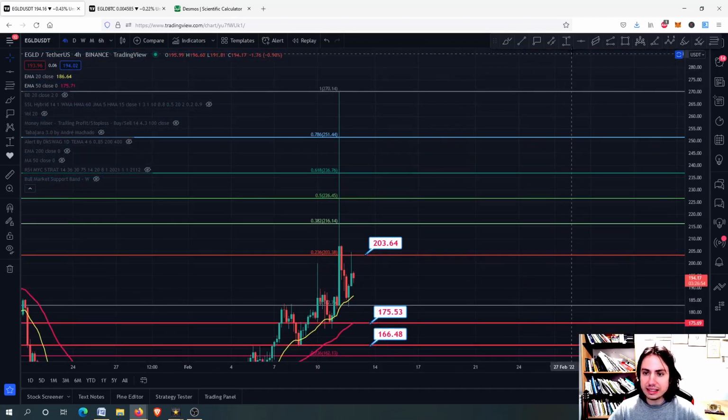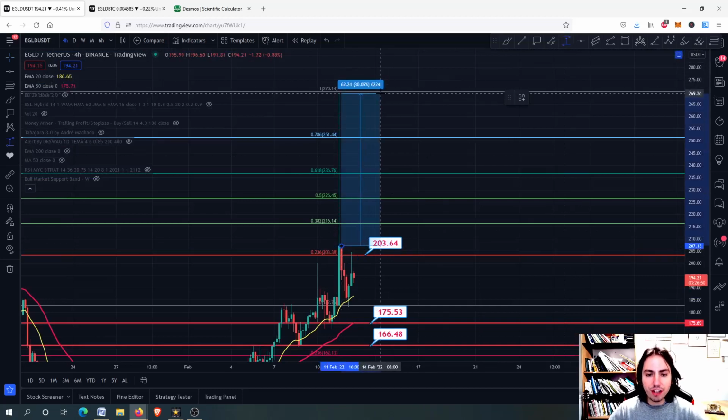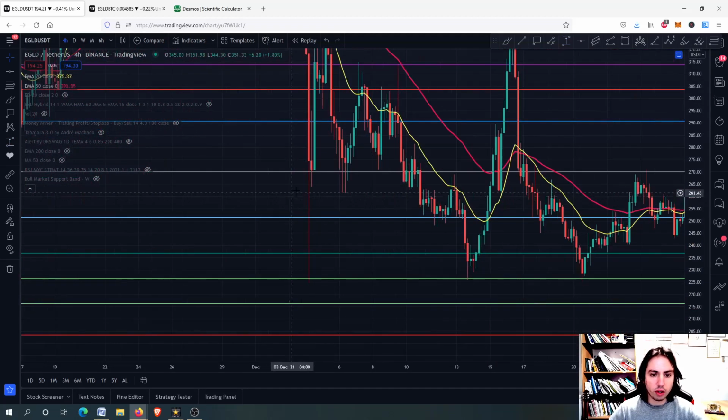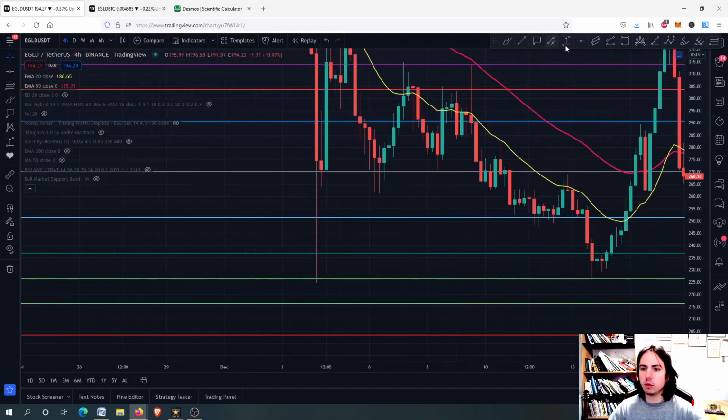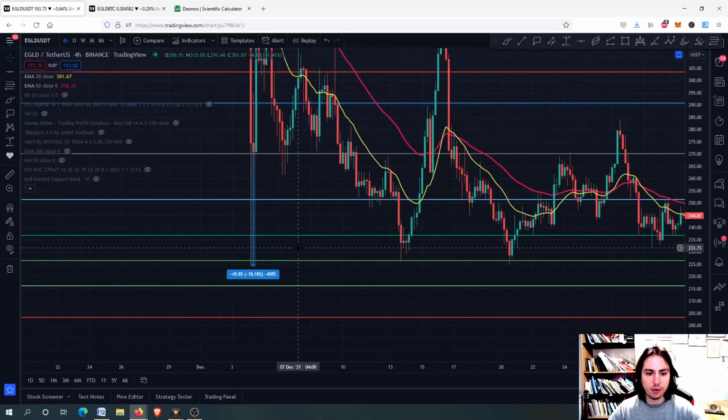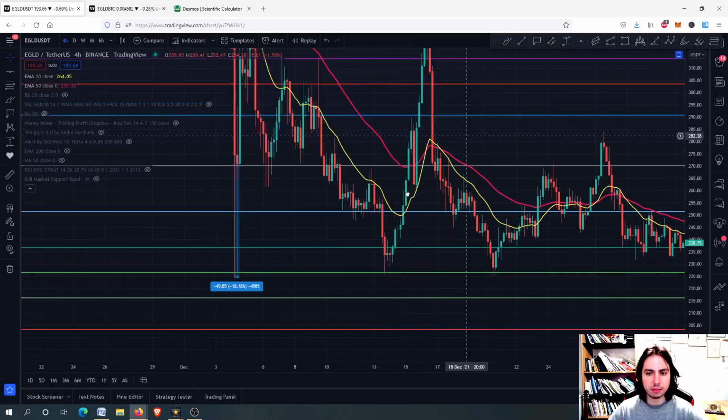But usually these upper shadows from a candlestick tend to get filled, and not only the lower shadows, because we have seen before. Okay, I'm going to take you back to December. We saw a huge correction with EGLD, but at the end of the day you can see that this long lower shadow got filled. Okay, so we stand here and then potentially we had a huge buying pressure.